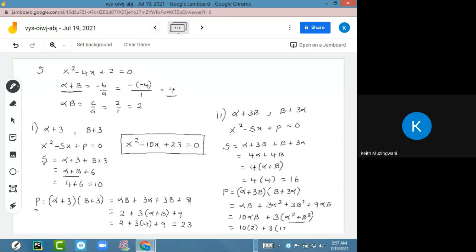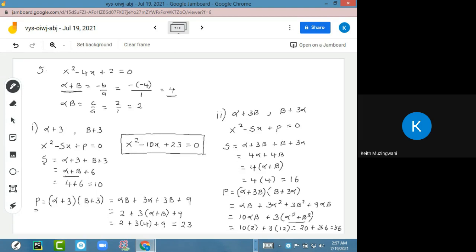So we put 12 here, which is 20 plus 36, which is 56.